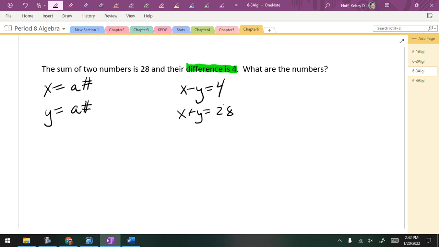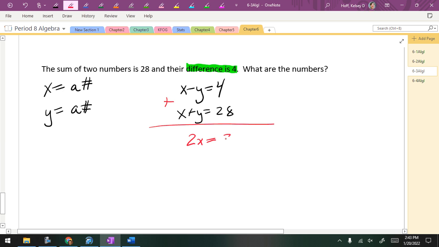Now, what's a nice thing about this problem? The y's are going to cancel. If I add these, be careful. What do I get? 2x equals 32. So many people just say x equals 32. Don't forget it's 1x plus 1x.